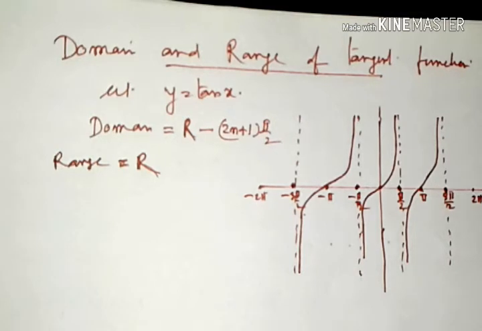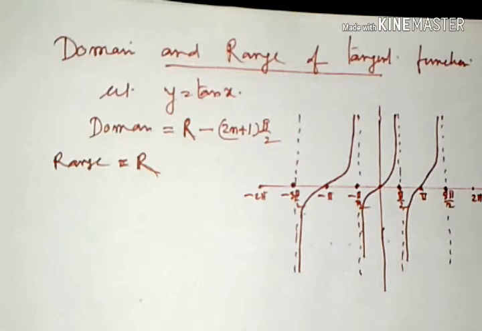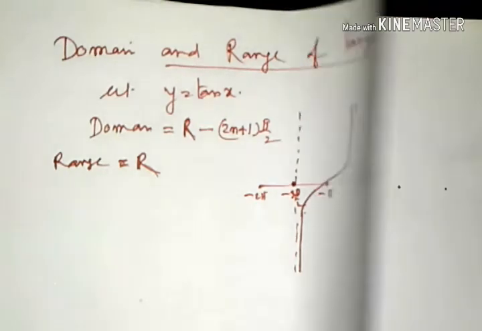Similarly, we can easily find out the domain and range of the cosecant function, the secant function, and the cotangent function. This is all about the domain and range of sine, cosine and tangent function.